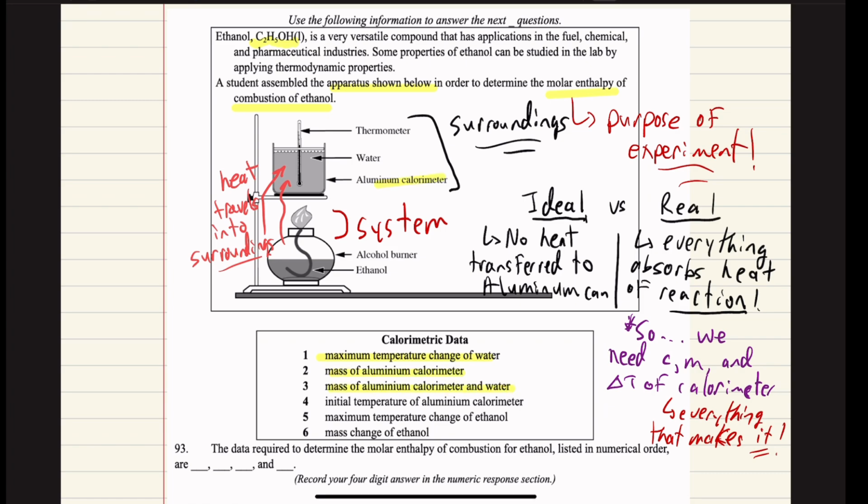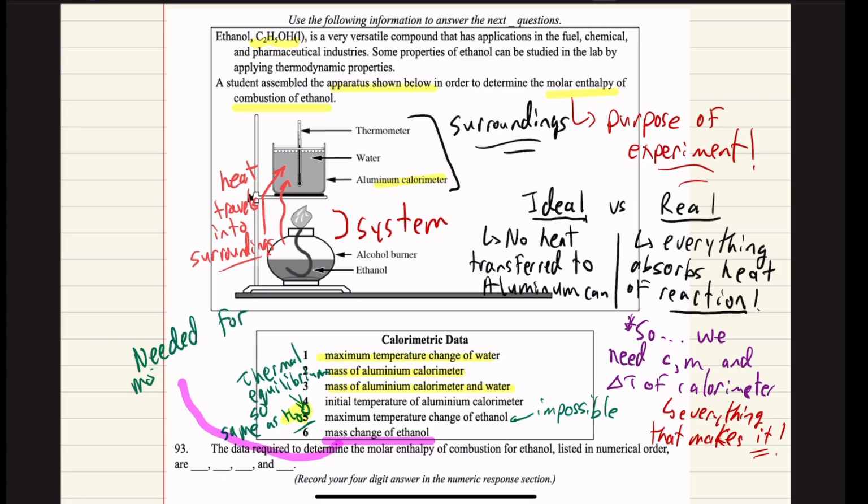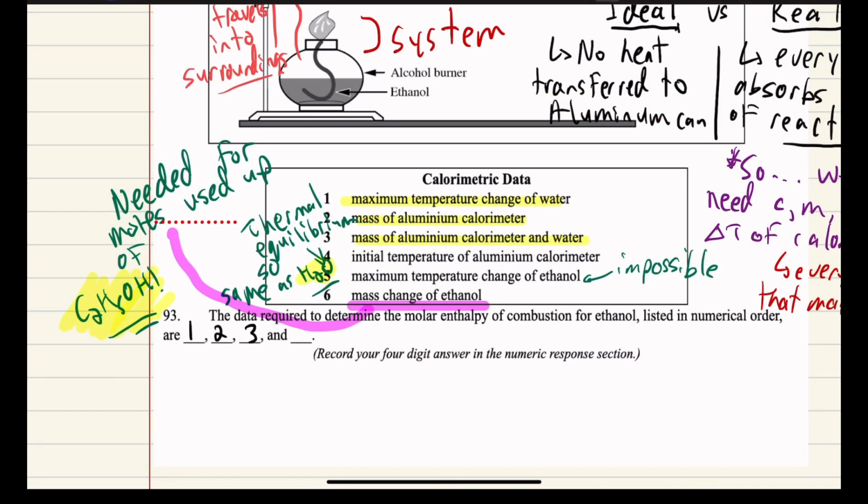And so we do need then the maximum temperature change of the water, the mass of the calorimeter, the aluminum one, since it would actually absorb heat, the mass of the calorimeter and the water, okay, so that you would have a combined mass for your thermochemical equation. And then we want to know the mass change of ethanol, and that's because, remember, we want the molar enthalpy of the ethanol change. So that being said, 1, 2, 3, and 6 would be appropriate here.